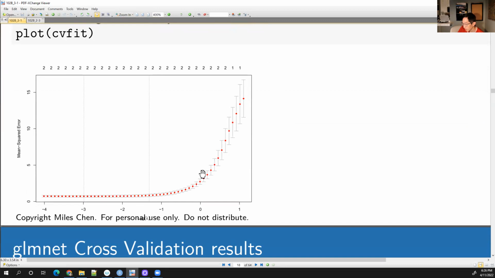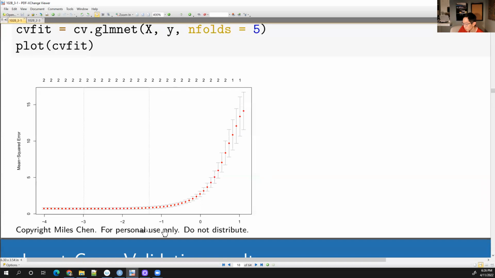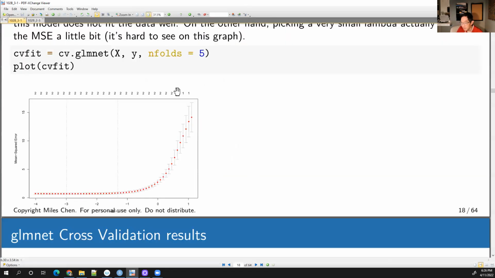For whatever reason, they use the log of lambda rather than lambda itself. Let me think about this.